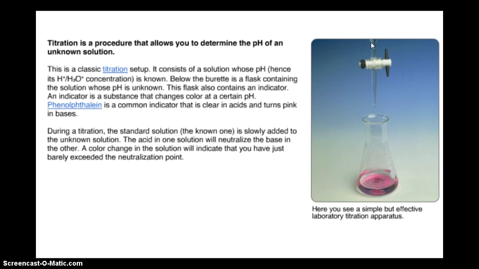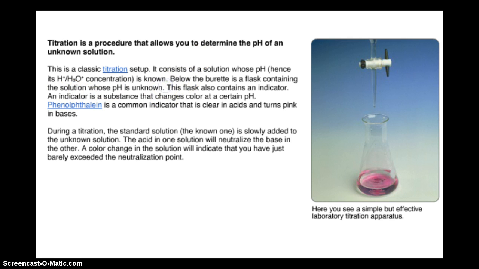It's about 2 feet long, and it looks like a graduated cylinder in that it measures out milliliters. And then you turn this nozzle right here, and it allows it to drip 1 drop at a time. So you know the pH of the solution in the burette, and you drop it 1 at a time into the flask. And the flask has a substance with an unknown concentration in it, or an unknown pH in it.